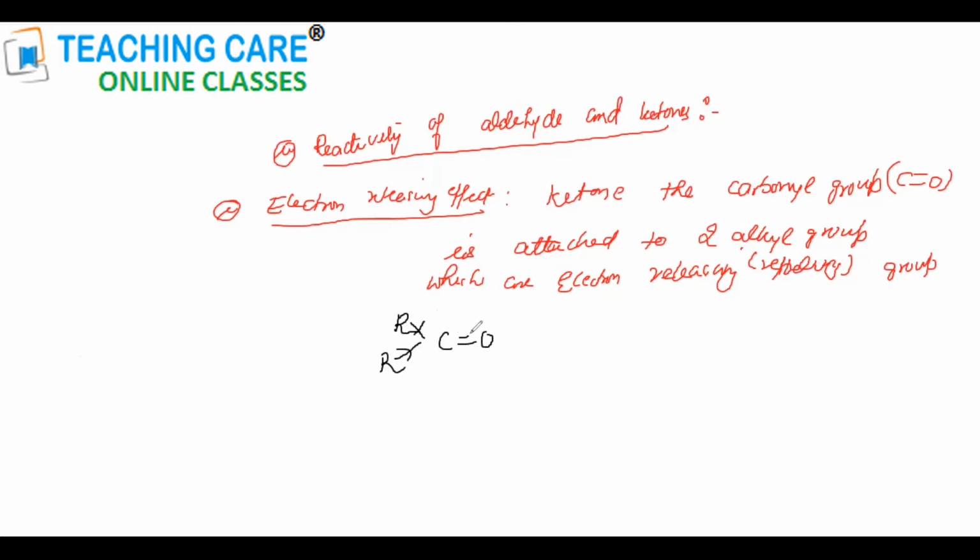They push the electron towards the carbon side, so the electron concentration here is increased, and the electron shifts to the oxygen side. They convert into this form: carbon positive, oxygen negative.